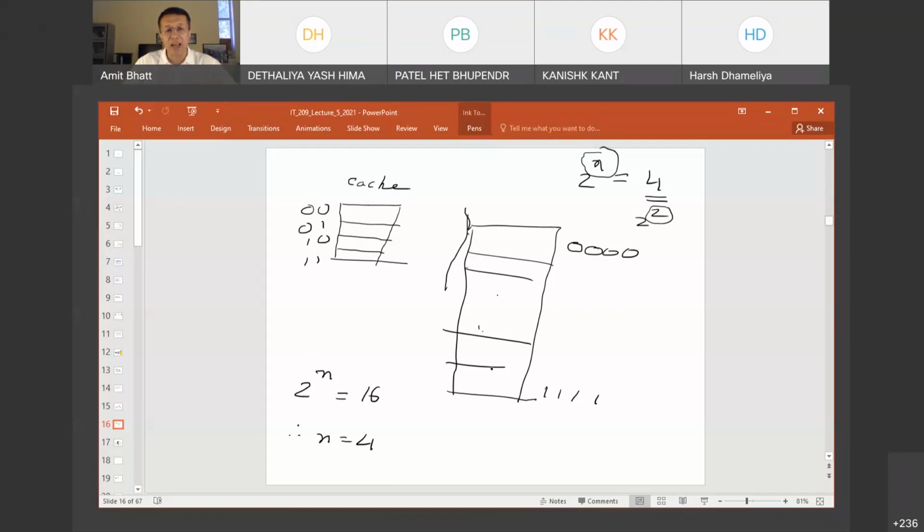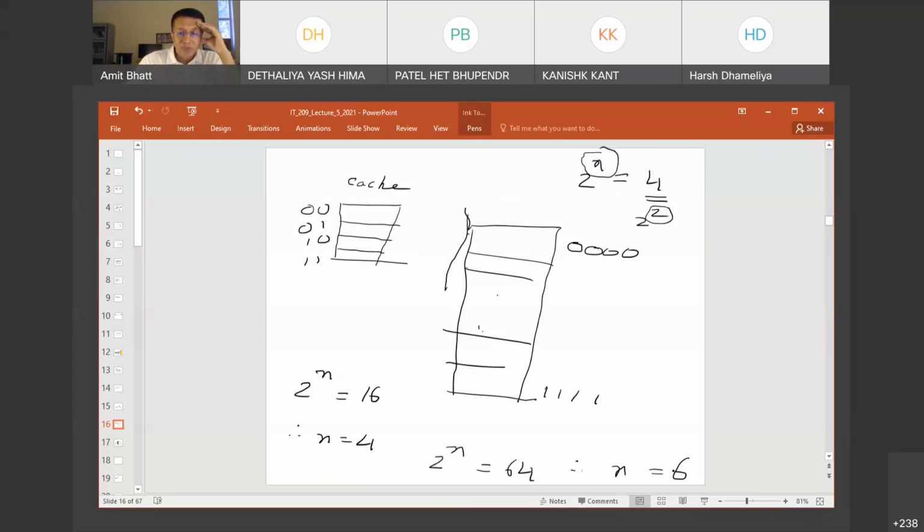Similarly, if you have 64 locations you want to individually address, what is the minimum number of bits you need? Again, 2 raised to n is equal to 64. So n would be equal to 6, correct?